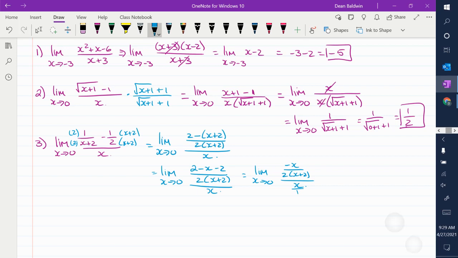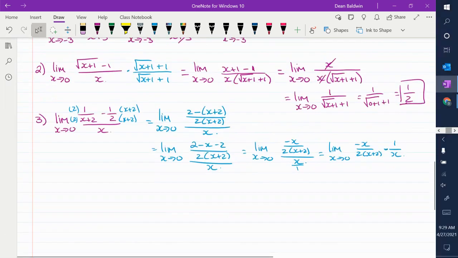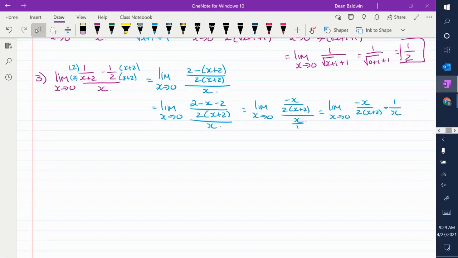So if you flip that, what happens to the x's? They will cancel, right?